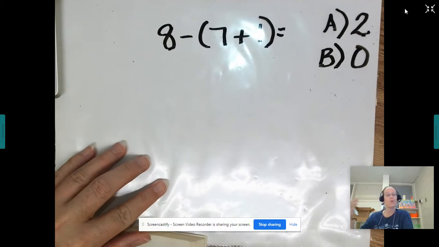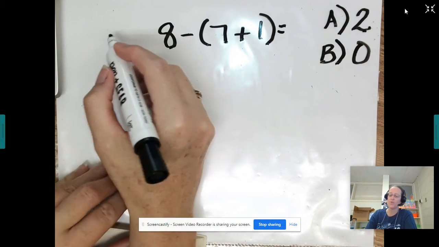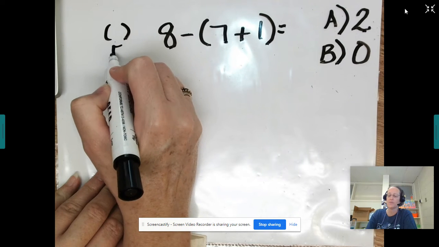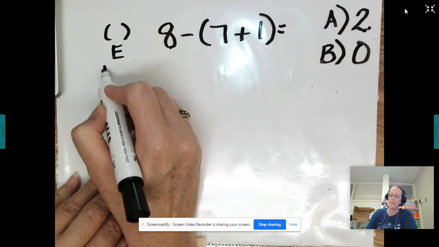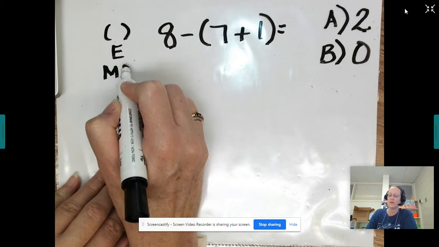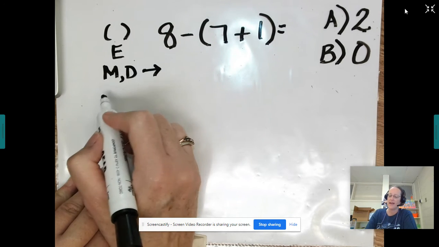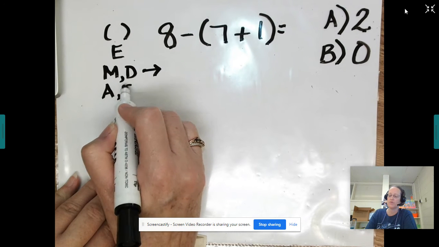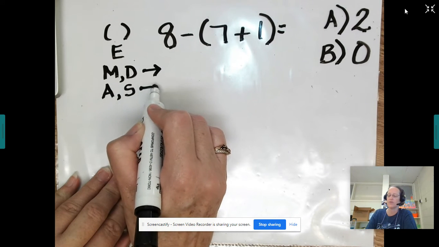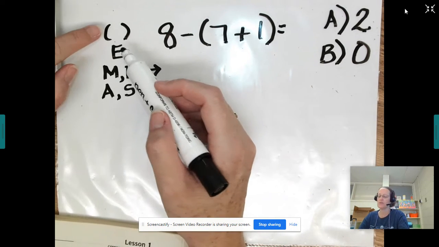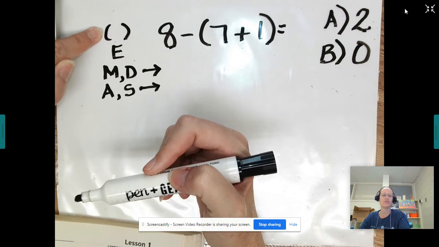So let's use our order of operations, which we know is parentheses, exponents, multiply and divide, whichever comes first from left to right, add and subtract, whichever comes first left to right. Okie dokie, here we go. So let's start at the top of our order of operations.